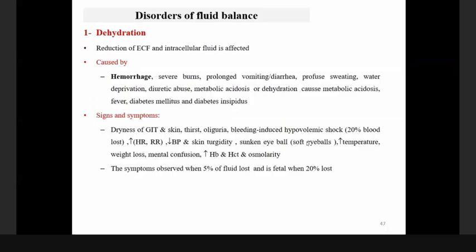Or sometimes dehydration occurs when the pressure of carbon dioxide in your blood gets high, and the pH of your blood gets less than 7.